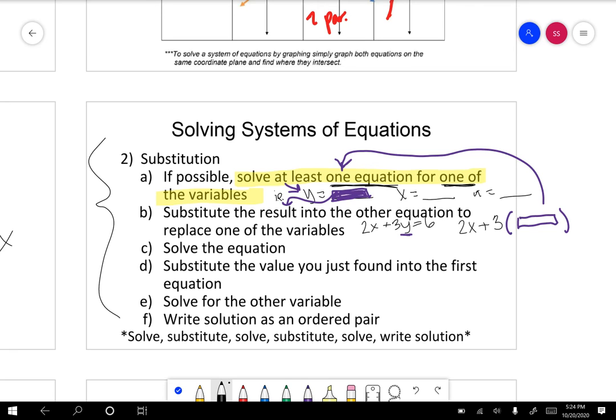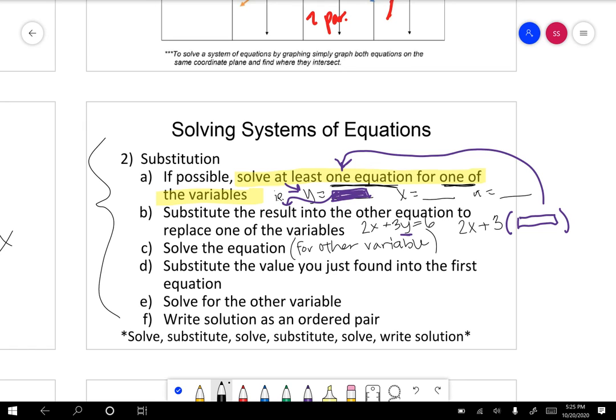From there, you're going to solve the equation because at this point, we would only have one of the variables in the equation. So you could solve for x, for example. The next step would be to substitute the value you just found into the first equation and solve for the other variable.